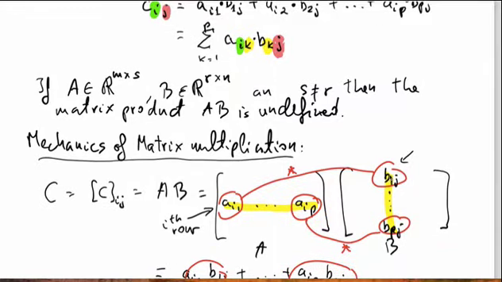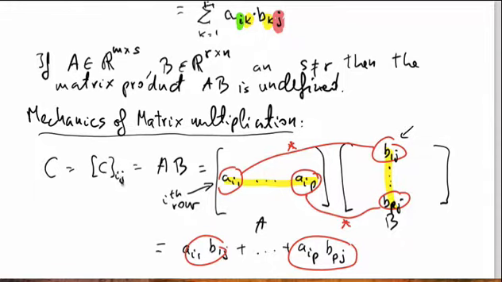And the B's, B_kj, as k goes from 1 to P, these are the elements of the B matrix in the jth column. So the ij entry for the product matrix comes from the ith row of the A matrix and the jth column of the B matrix.